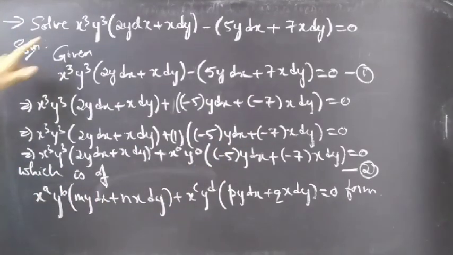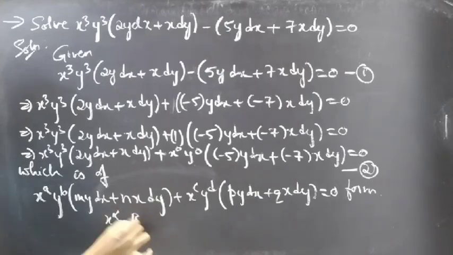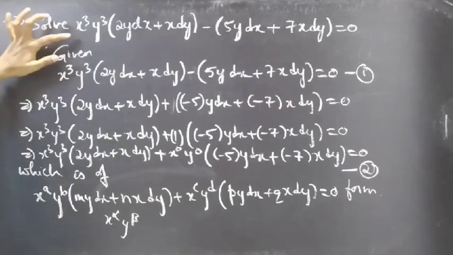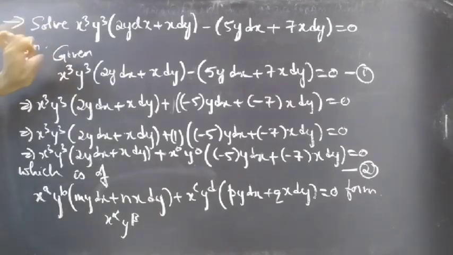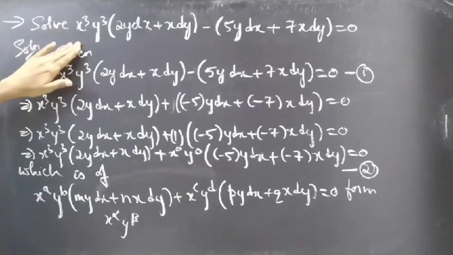Okay, since the given equation is of this form, x power alpha y power beta will be the integrating factor. See here, by looking at this we can say that it is non-exact and we need an integrating factor to solve this problem.